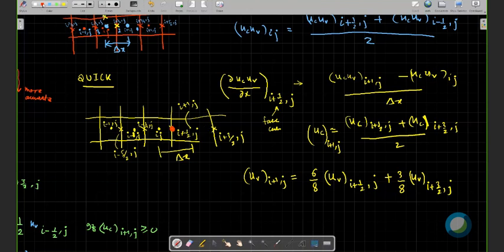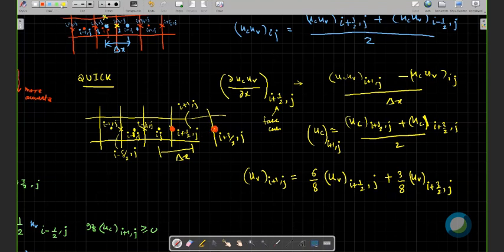So again this is the extreme point. To find out at I plus 1j, you are taking this point, and before that and after that 2 points.